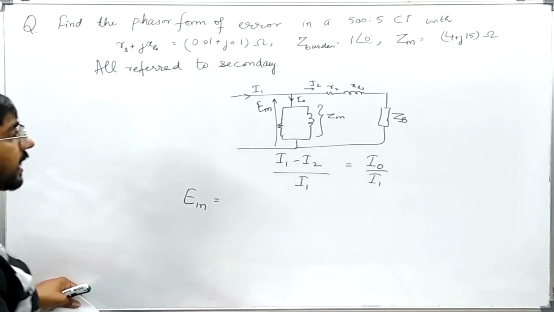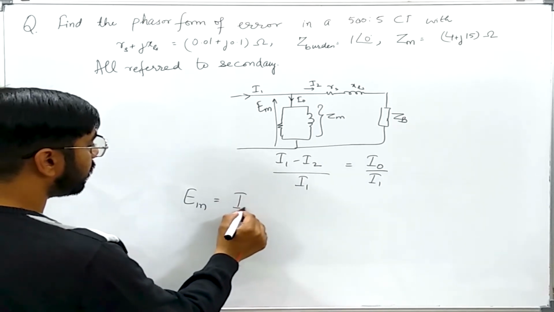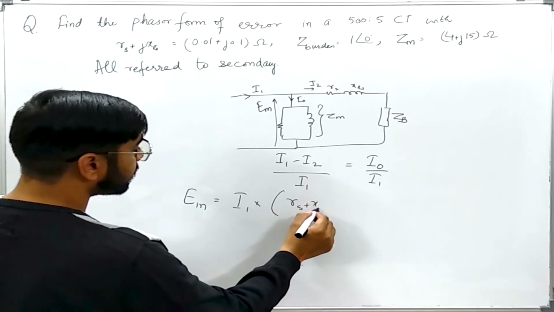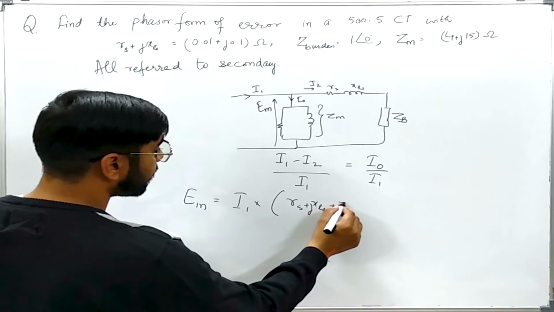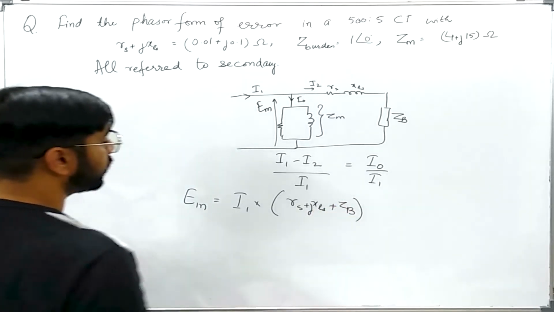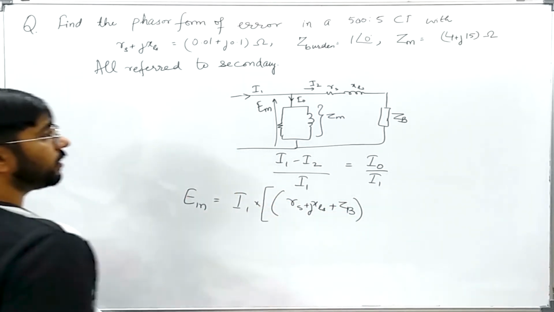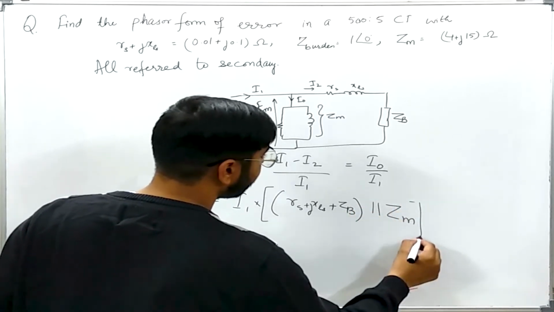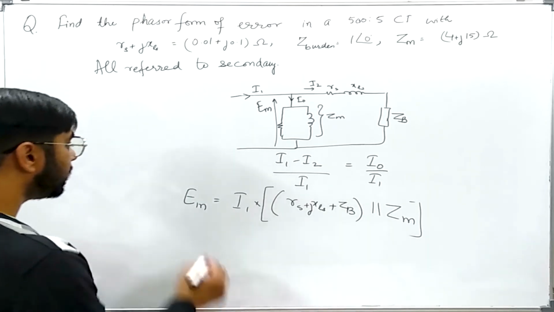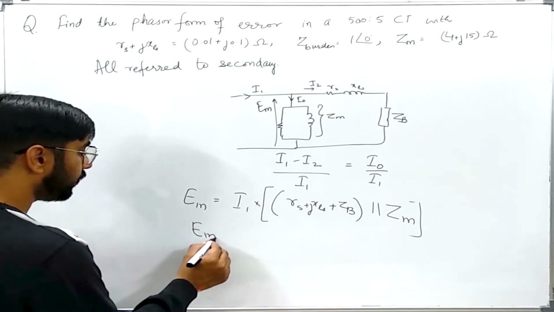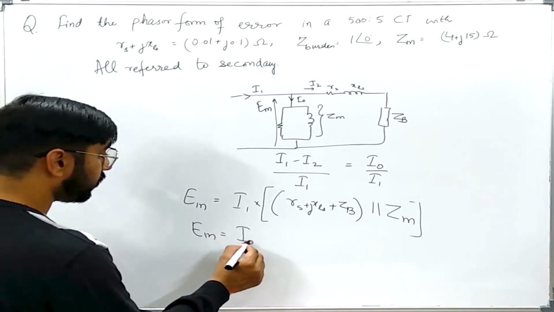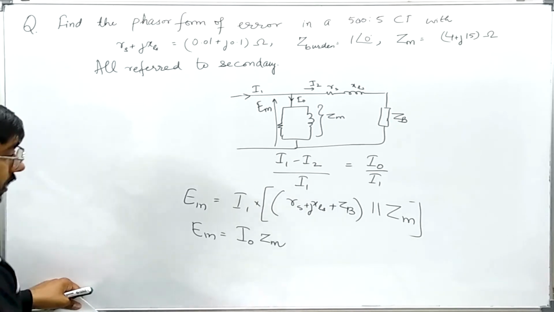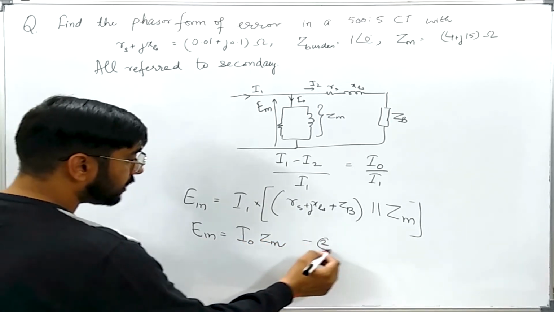So I can write it as I1 into RS plus XLS plus ZB in parallel combination of Zm, and EM is also equal to I naught into Zm, okay. Now this is equation 2, this is equation 1.